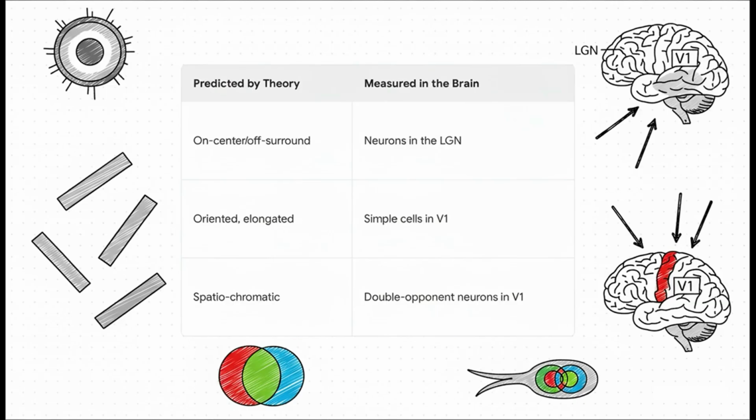The theory predicts stretched-out oriented fields for detecting edges. Well, that is a perfect description of what are called simple cells in the V1 cortex, where we first process shape. It even predicts exactly how color should be processed, and it perfectly matches the double opponent cells they find in V1.